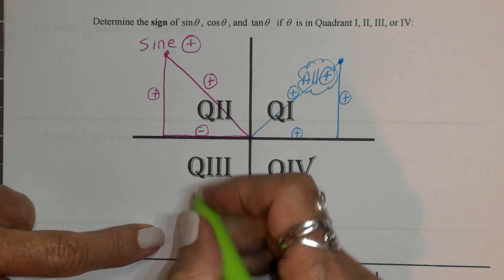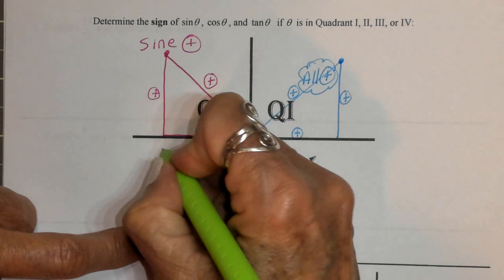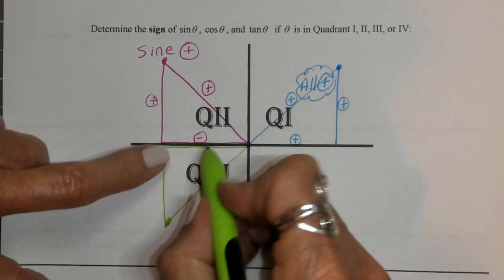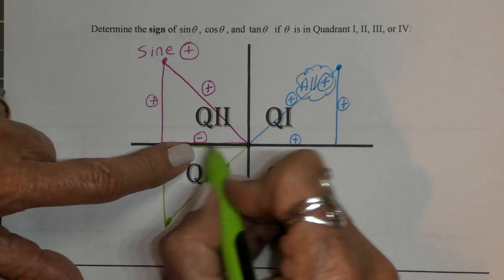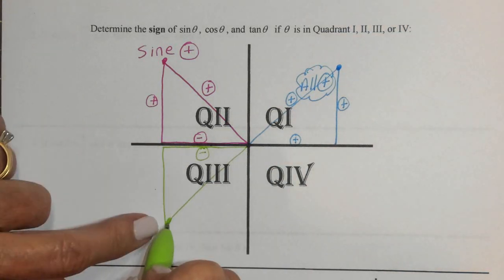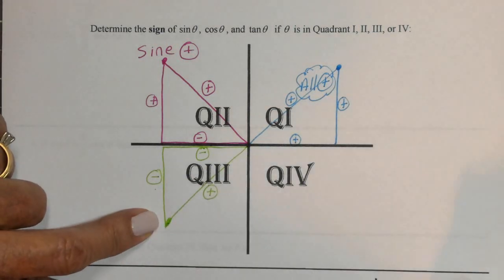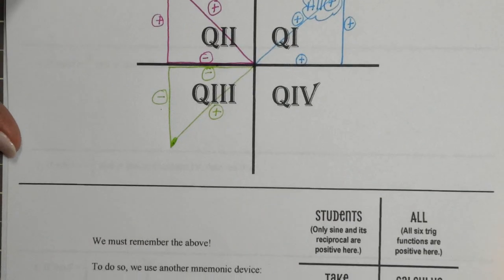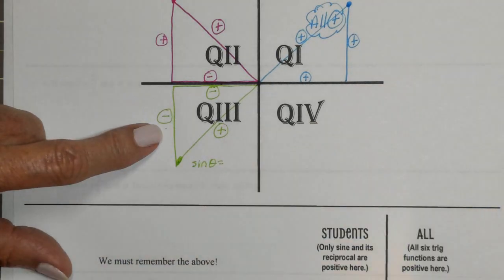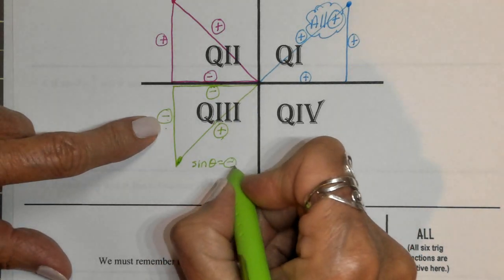Alrighty, let's go to quadrant 3. Here would be our triangle. This side is still to the left of the y-axis, so it's negative. This side is below the x-axis, so it's negative, but the hypotenuse is always positive. So sine of theta would be opposite over hypotenuse, which is negative.